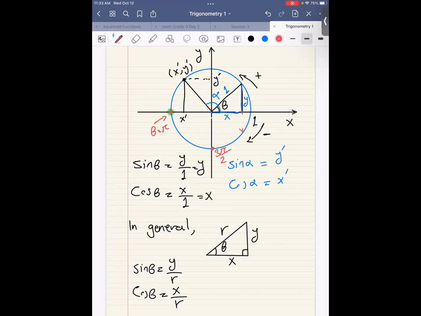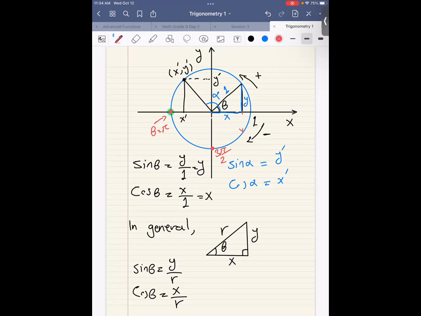So that means sine of 3 pi half is equal to -1. How about cosine? You have to know the value of x. What is the value of x here? X is 0. So cosine of 3 pi half is 0.